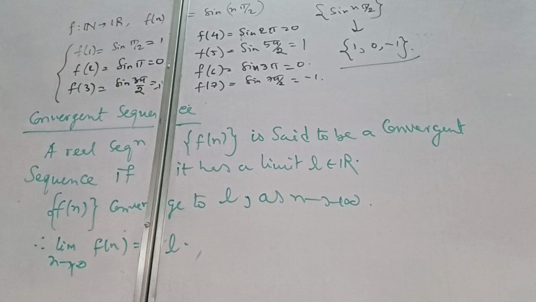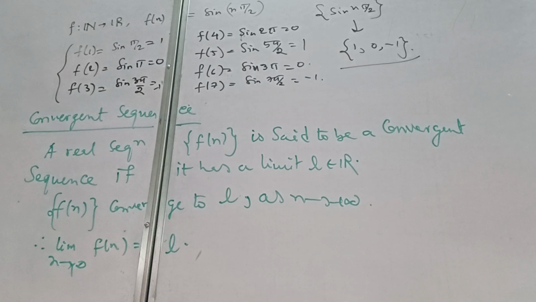That means if the limit tends to plus infinity or minus infinity, then this is a divergent sequence. So the first sequence f(n) equal to n converges to plus infinity, that means this is a divergent sequence.